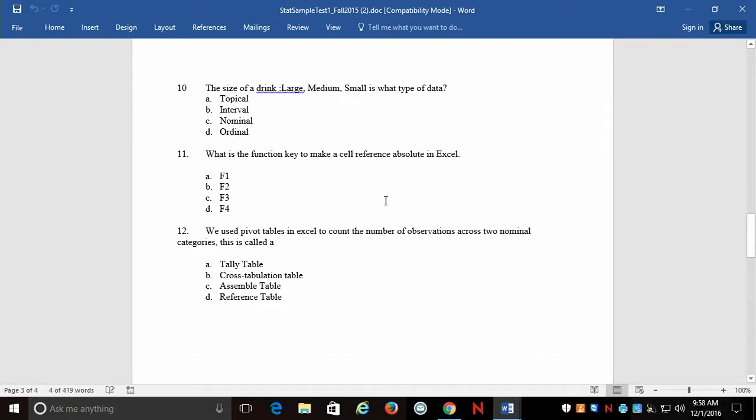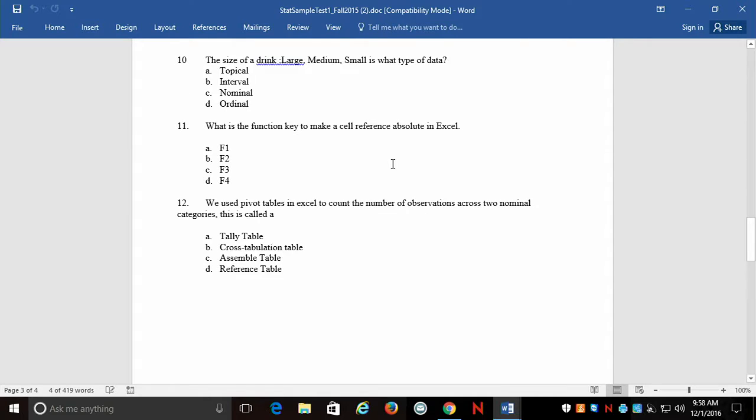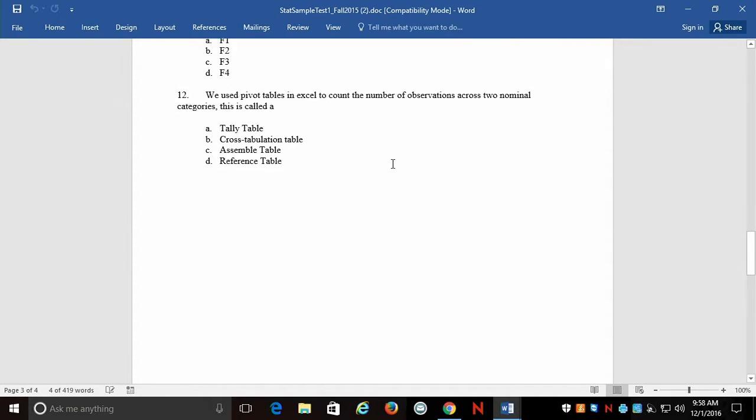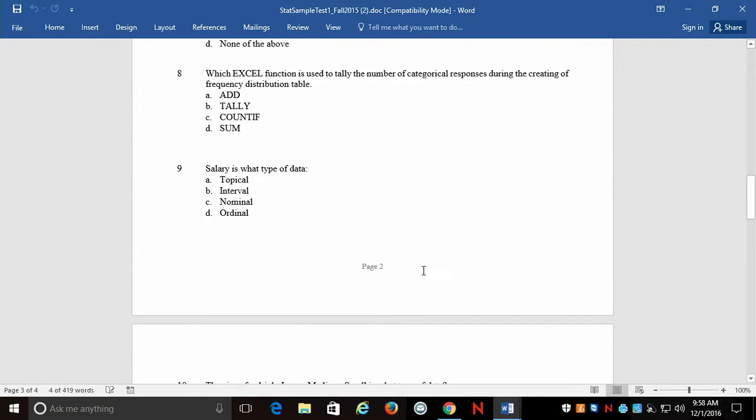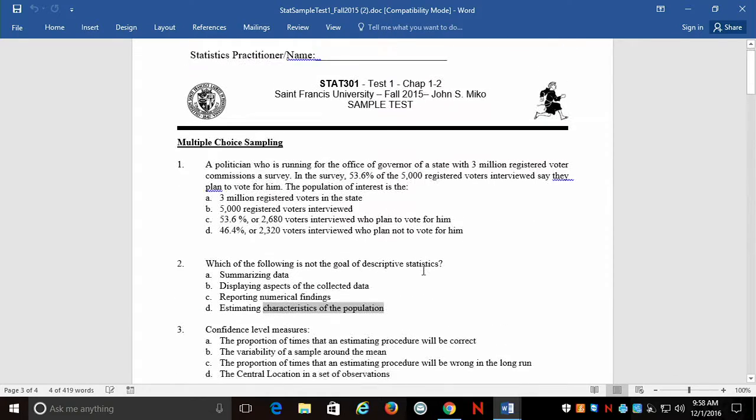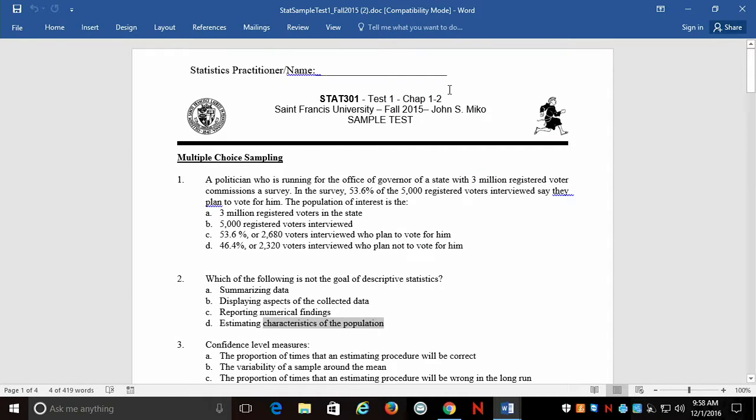Ordinal, very good. What is the function key to make a cell reference absolute in Excel? Remember the dollar signs? F4, very good. Pivot tables. Okay. So sample test 1, that was on chapters 1 and 2. So the types of data are very important, and the graphs and what they're used for.